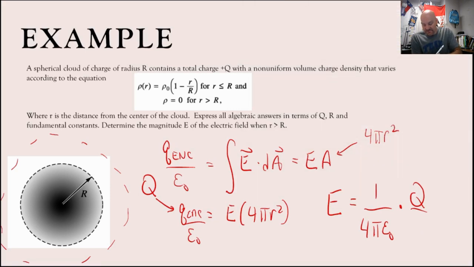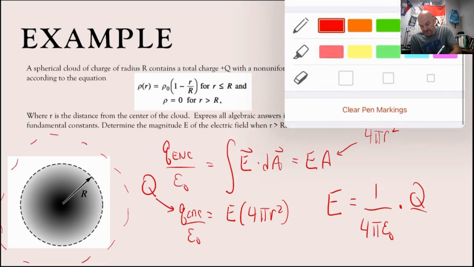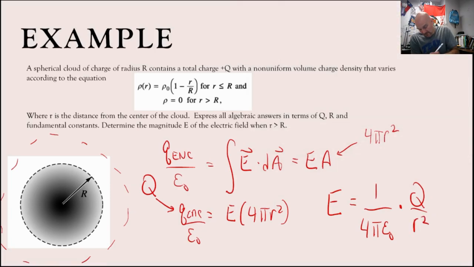I wrote a big R, but I want to make it a point to say this is little r. But remember, this is K. So for this part, we simply treat it as a point charge.